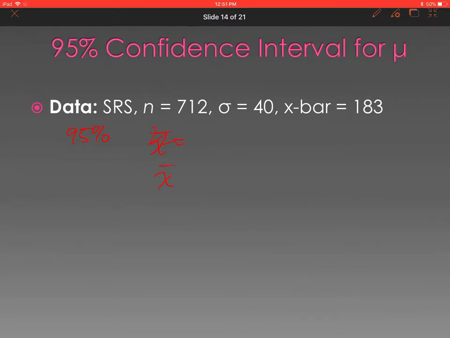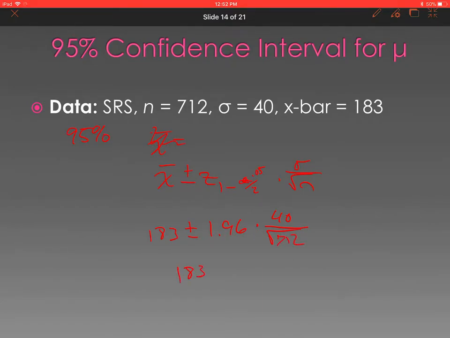So x bar plus or minus z of 1 minus alpha over 2. In this case, your alpha is going to be 0.05 times your standard deviation sigma over square root of n. So you can have your 183 plus or minus 1.96 times 40 over the square root of 712.